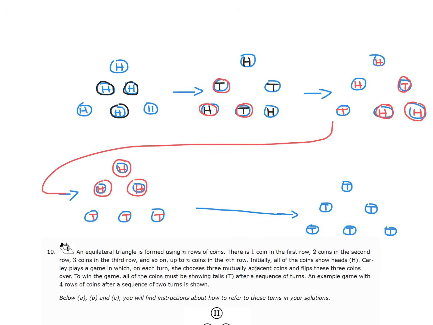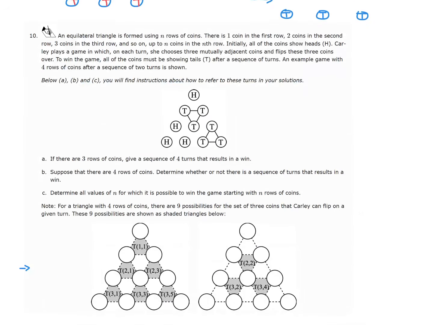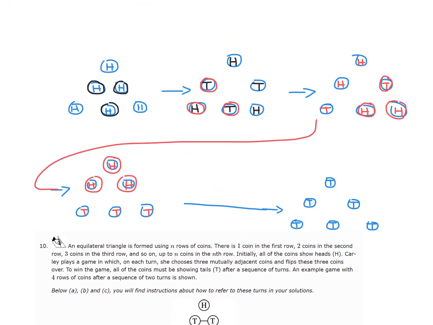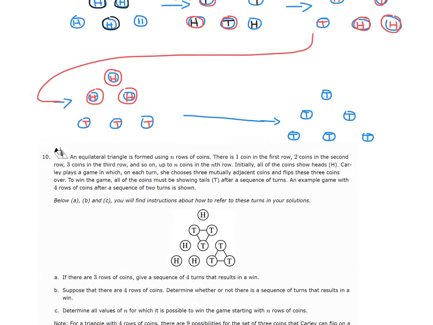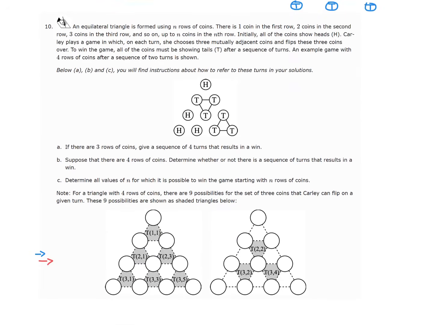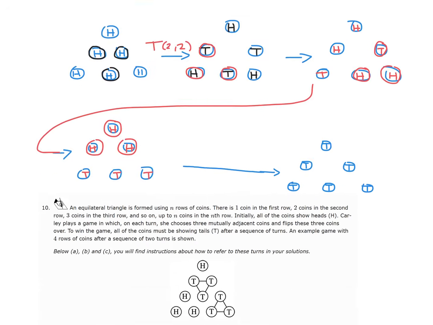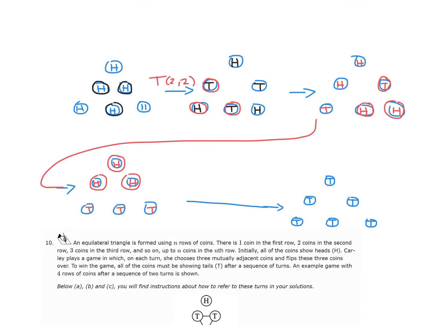Okay, now the important thing is they want me to use this kind of characterization. I can't just draw those arrows and say, well, there you go. So based on that, this move was T22. Let me just double check on that one. Yeah. And then the next move, I believe, was T21.